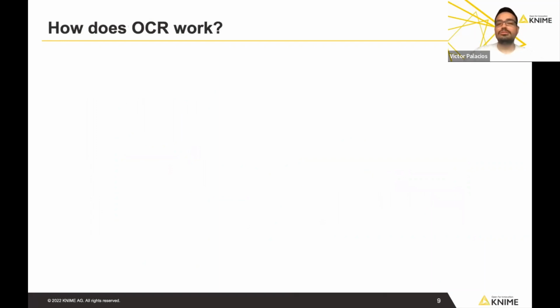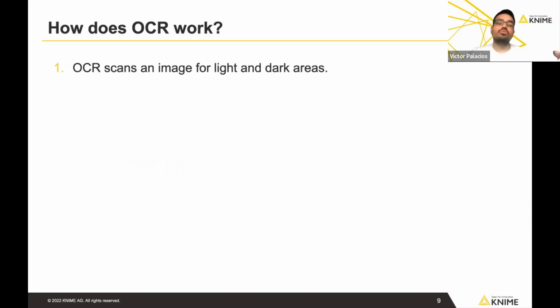So how does OCR work? OCR scans an image for light and dark areas. And this is going to be important in order to understand why we're getting really good output with some of our PDFs, but bad output with others. And so once it's scanned, finding these regions of dark and light, it then says that dark areas are going to be the letters.